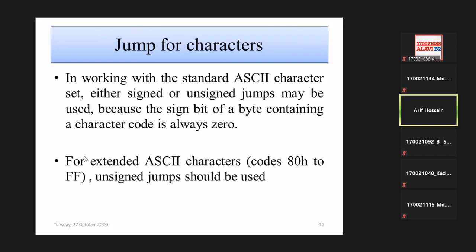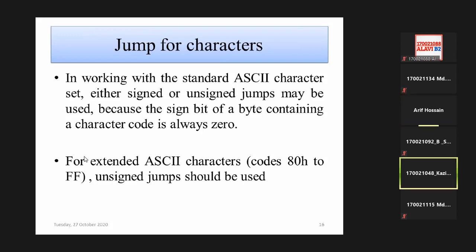That is totally up to you. But if you go for extended ASCII characters, that is from 80 to FF, you see that in all of these cases, your sign bit is 1. So make sure in all these cases you go for unsigned jumps, because these are ASCII codes for your characters. So you do not need to consider the sign. Are you getting my point?